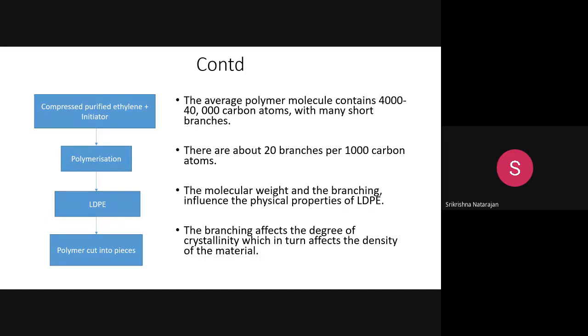It is free radical polymerization, so it involves the help of an initiator, like oxygen or peroxide, which will produce a free radical that will start the polymerization. Once the polymerization is over, you get the LDPE polymer, the low density polyethylene. Once it is produced, you can cut the polymer into pieces and use it for spinning.